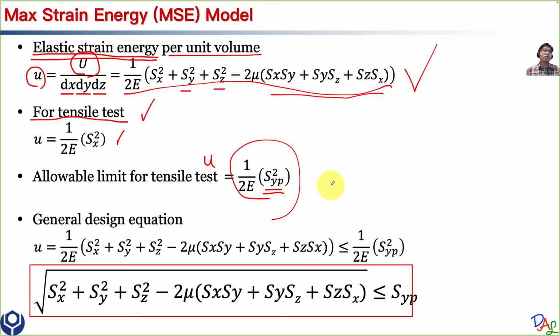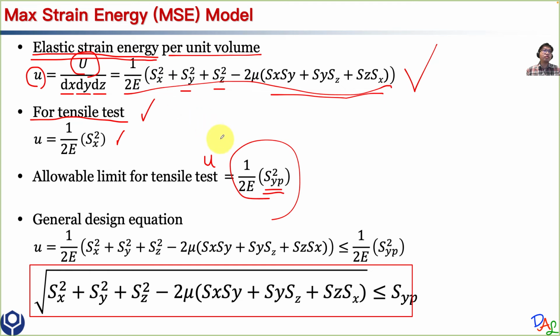So it seems like for any material, this is the maximum elastic strain energy you can have. You cannot have a greater amount of strain energy, which means your material may be stretched too large if the strain energy is greater than this value.